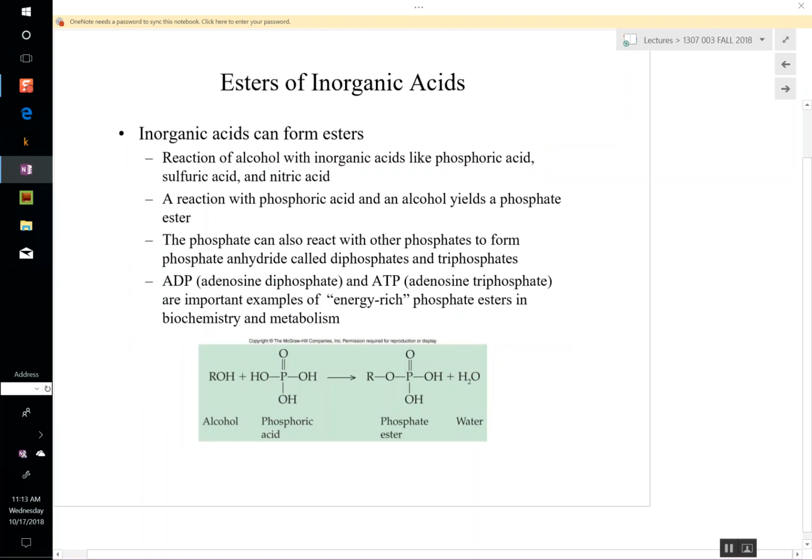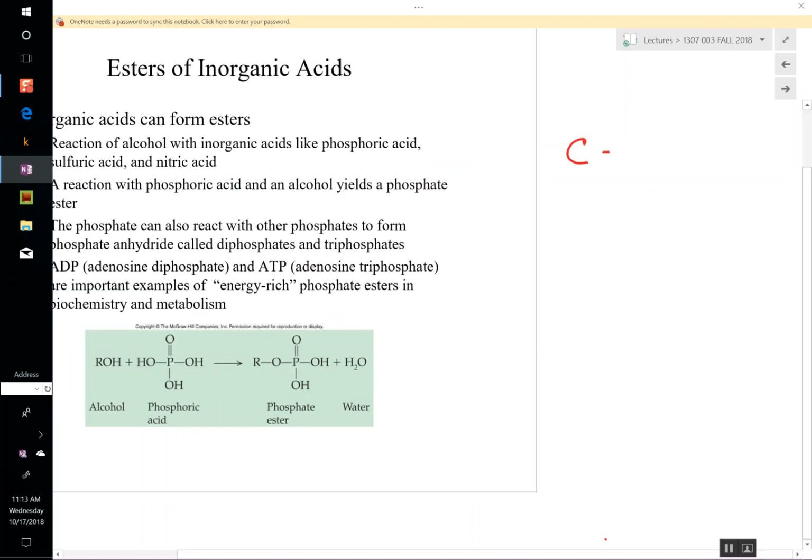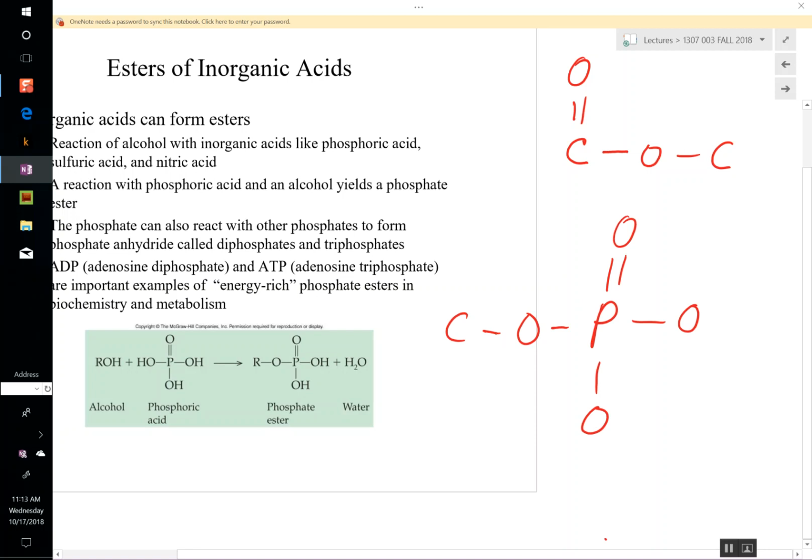Okay, I want you to appreciate what a phosphate ester is. We've been talking about esters, and esters are kind of like this. The phosphate ester is kind of like this, only the phosphate has 4 oxygens around it.